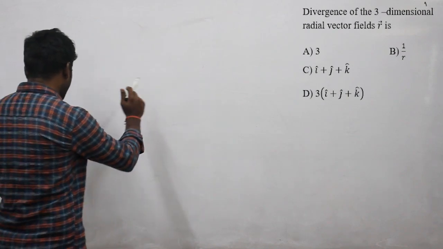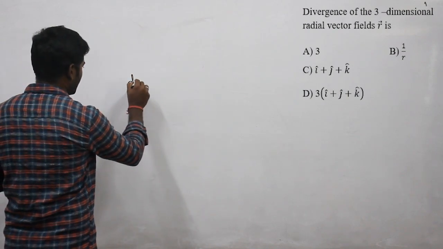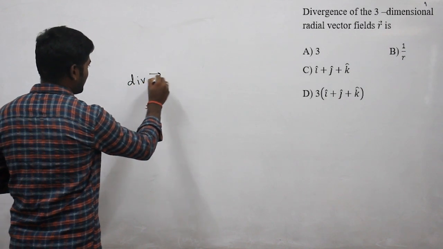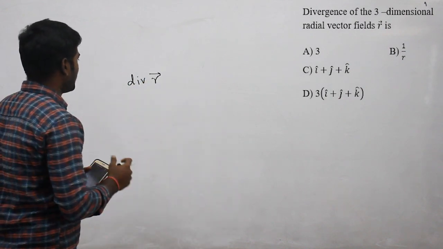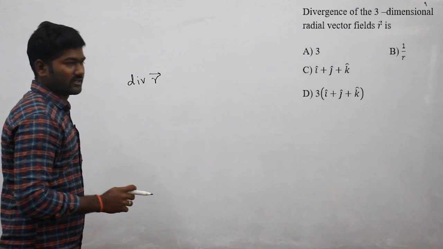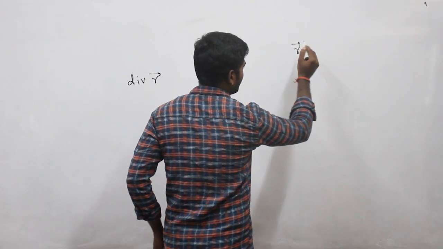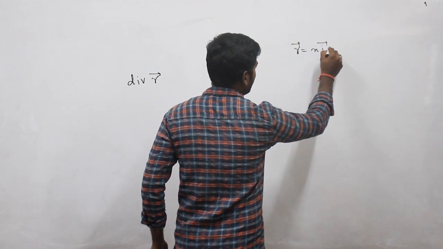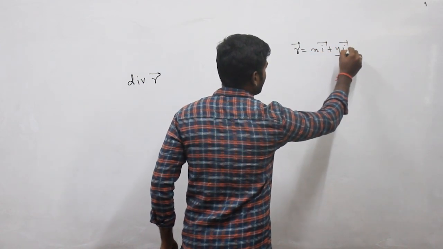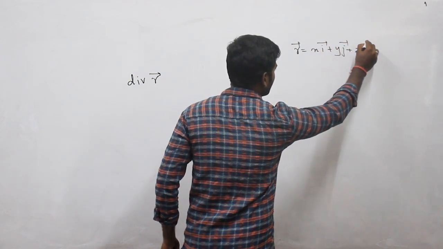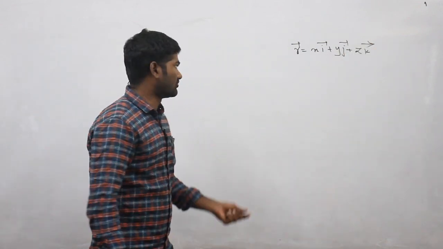Solution for the fourth question. Divergence of the three-dimensional radial vector R vector is. They are asking the divergence of R vector. Before going to the divergence of R vector, you should know what R vector means first. R vector means position vector, that is x i vector plus y j vector plus z k vector. The position vector is also called the radial vector, right?